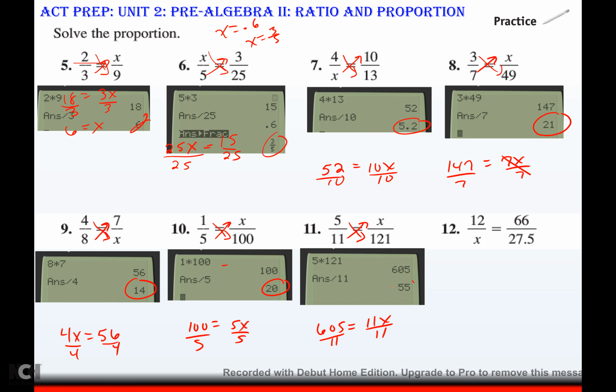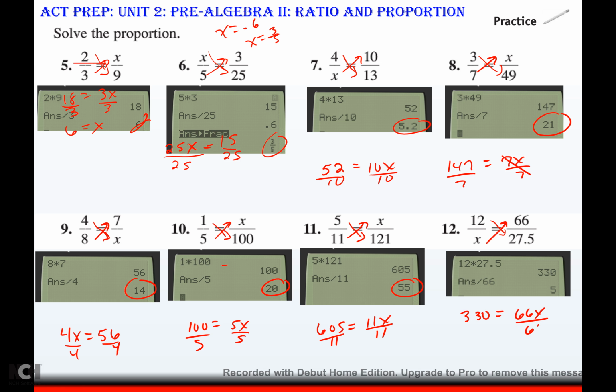Divide by 11, and you get 55. 12 times 27.5 is 330, equals x times 66 is 66x. Divide by 66, and you get 5.